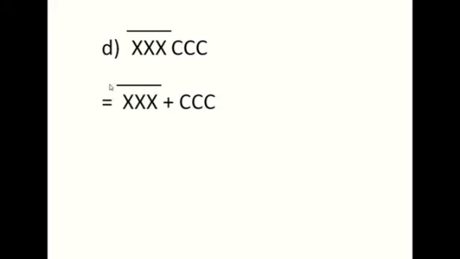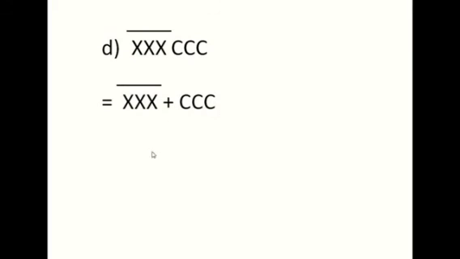Here X got repeated 3 times, means 10 plus 10 plus 10 gives you 30. On the top the bar shows 1000, so we can tell very easily it is 30,000. Plus C means 100, so 100 plus 100 plus 100 will represent 300.